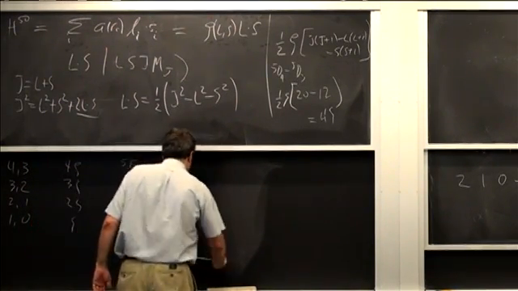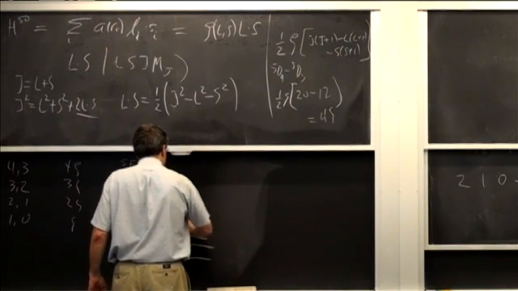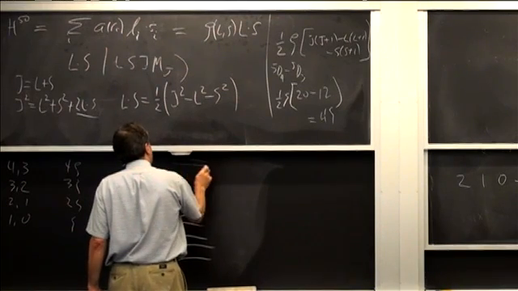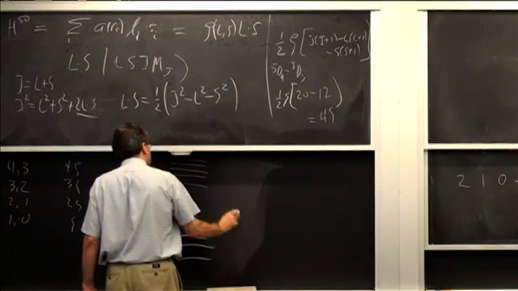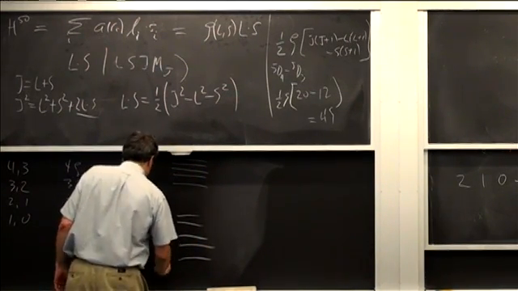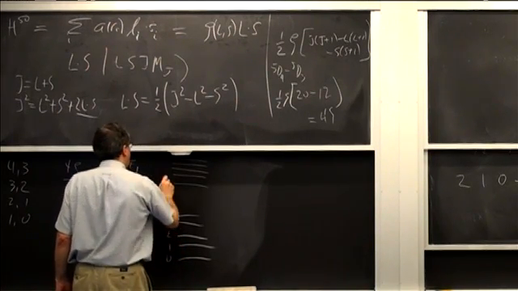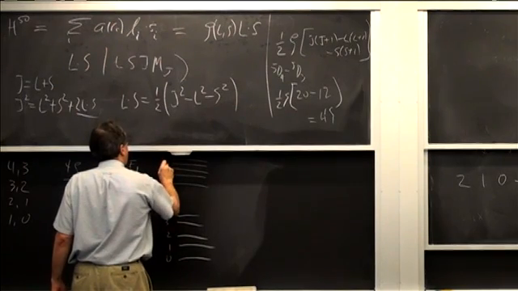So we have a level diagram downstairs, which has 5 levels, and a level diagram upstairs that has 5 levels. And so let's label them 0, 1, 2, 3, 4, and 1, 2, 3, 4, 5.